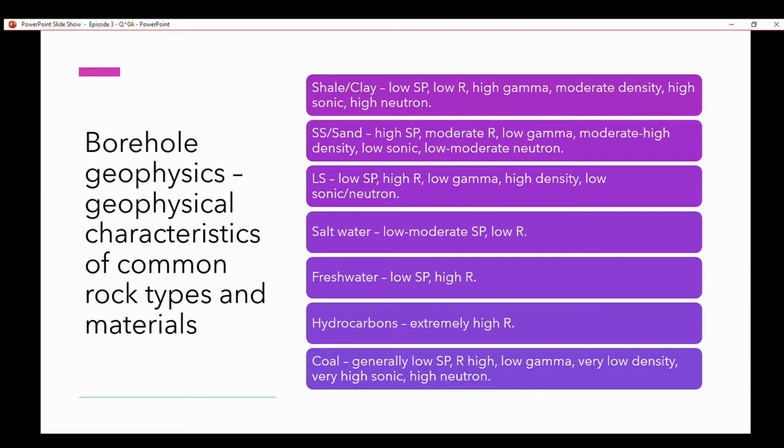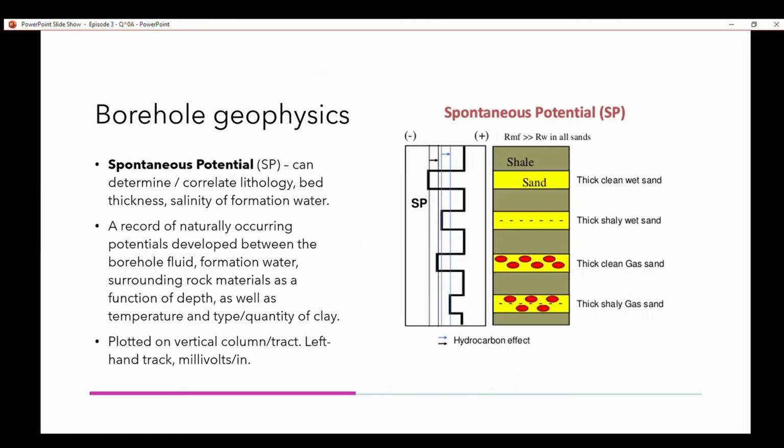So we'll dig into spontaneous potential first. It can be used to determine and correlate lithology, bed thicknesses, and the salinity of formation water. It's a record of naturally occurring potentials developed between the borehole fluid, the formation water, and the surrounding rock materials as a function of depth, as well as the temperature and type or quantity of clay.